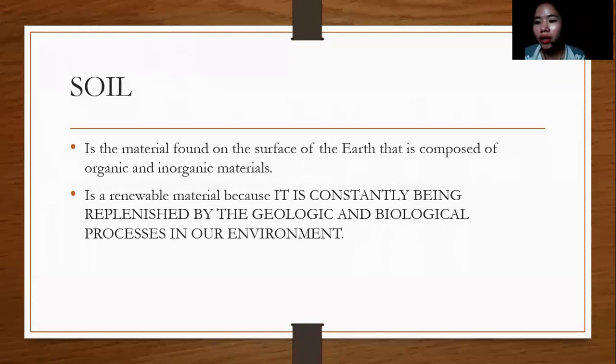So a good soil, so paano ba natin malalaman if a soil is very good for planting? It has sufficient air, water, and minerals and also an organic material that is present. As we all know, sufficient air is very important to plants. So parang tayo din yan, it needs air for us to breathe.